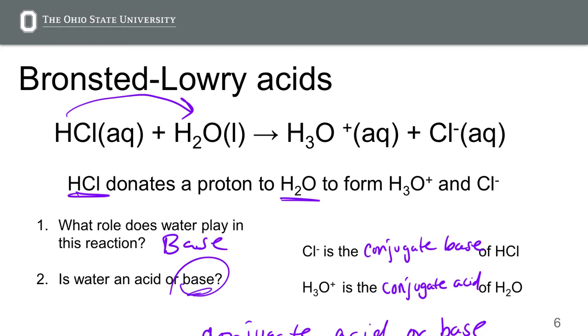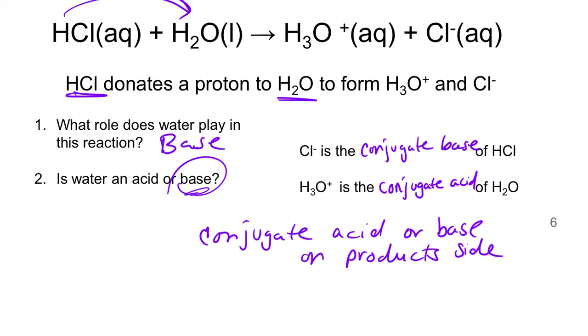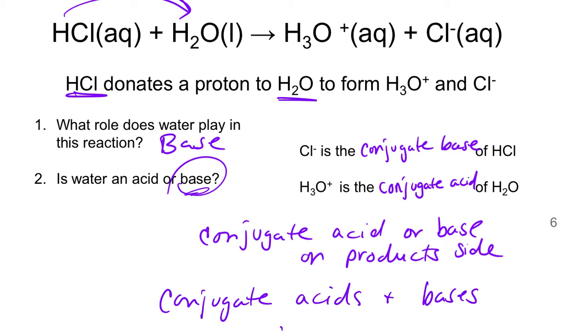So it's going to have a conjugate acid on the product side. If there's an acid on the reactant side, it's going to have a conjugate base on the product side, and it's going to differ by one proton. It's just one proton. It can't be more.